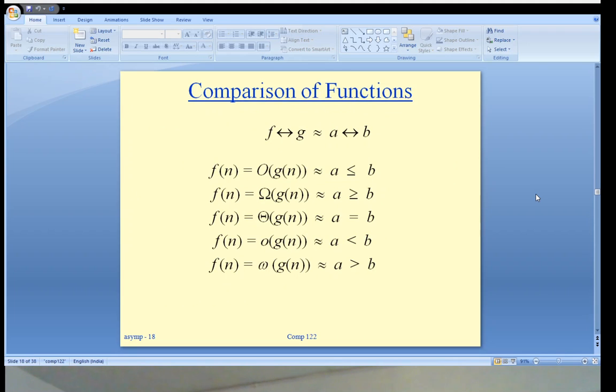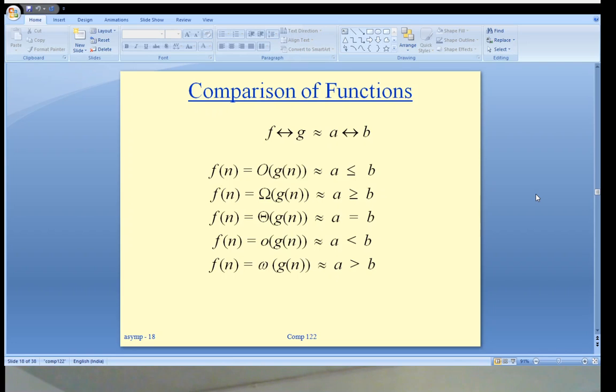Comparison of the functions. For example, for f and g, when f(n) is big O of g(n), then suppose there is a variable a in f and a corresponding b in g, then a is less than or equal to b. In case f(n) is lower bounded by g(n), big omega, then a is greater than or equal to b.